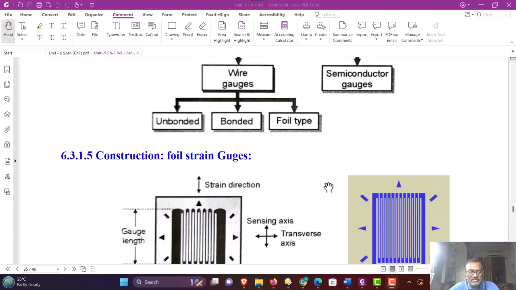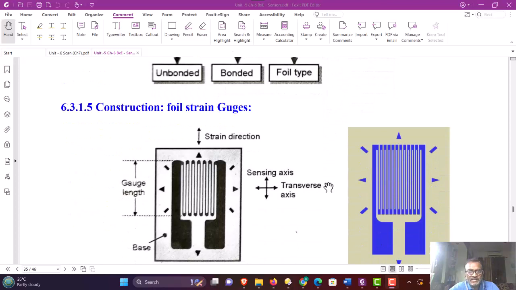Typical construction of a foil strain gauge is shown in the figure. See here, there is a base former, that is a flexible material, on which a very thin sheet of metal wire is printed either by screen printing or other sputtering methods.